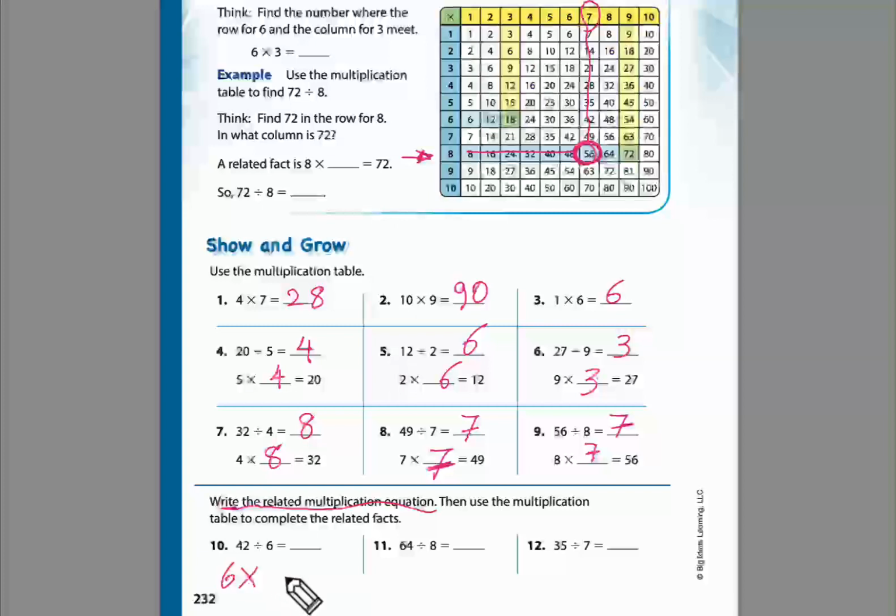Yes, your answer is 7, but I will not write it. Why will I not write it? Because you should use the table to find the 7. Yes, we go to the row of the 6 factor, and we go until we see the number 42. Then we see the number above it. It's 7.